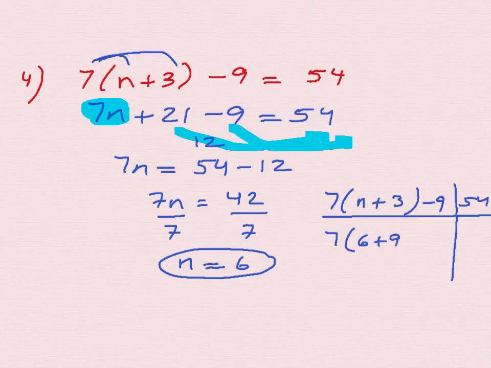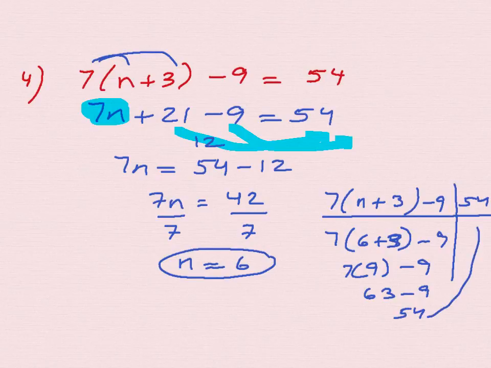So 6 plus 3. 6 plus 3 is a 9. 9 times 7 is 63. And 63 minus 9 gives you 54. Left side is equal to the right side. You have proven then that the solution is n is equal to 6.